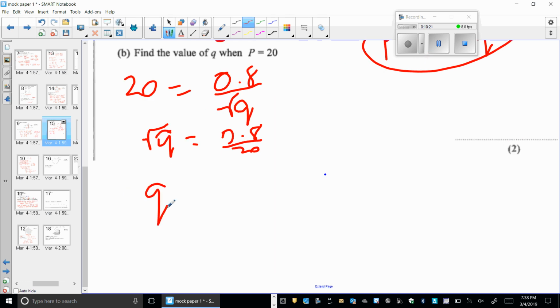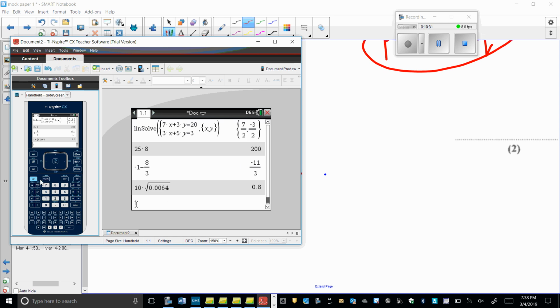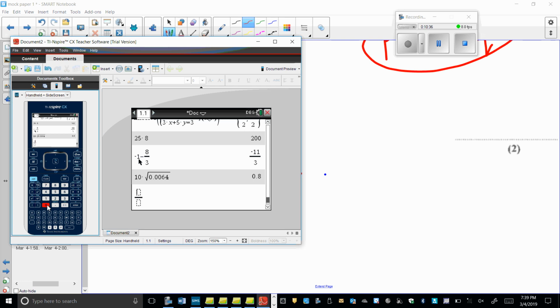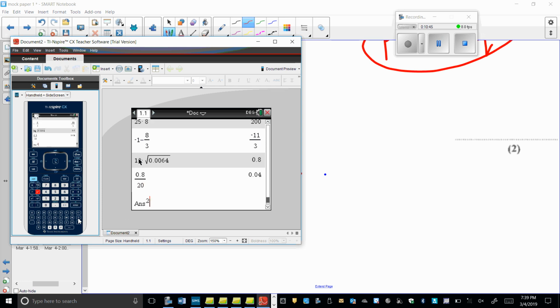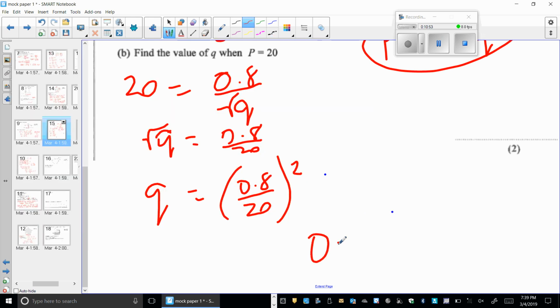So Q is going to be 0.8 over 20, squared, because to undo the square root, you square it. That gives 0.0016.